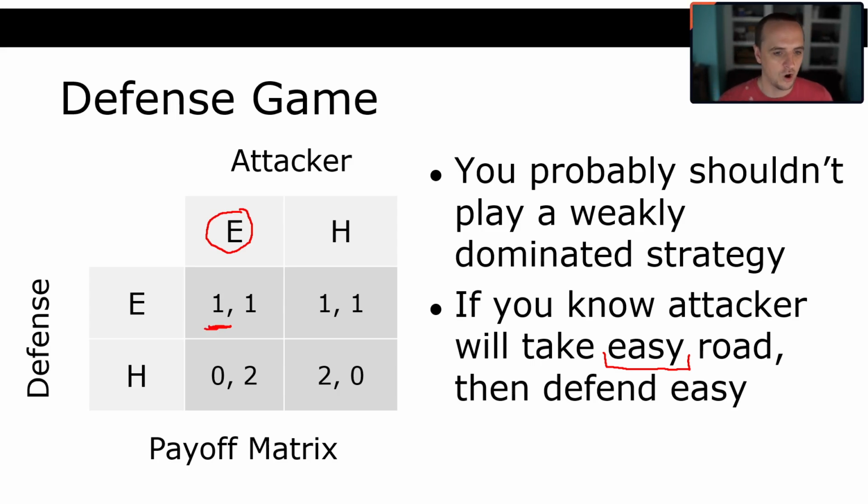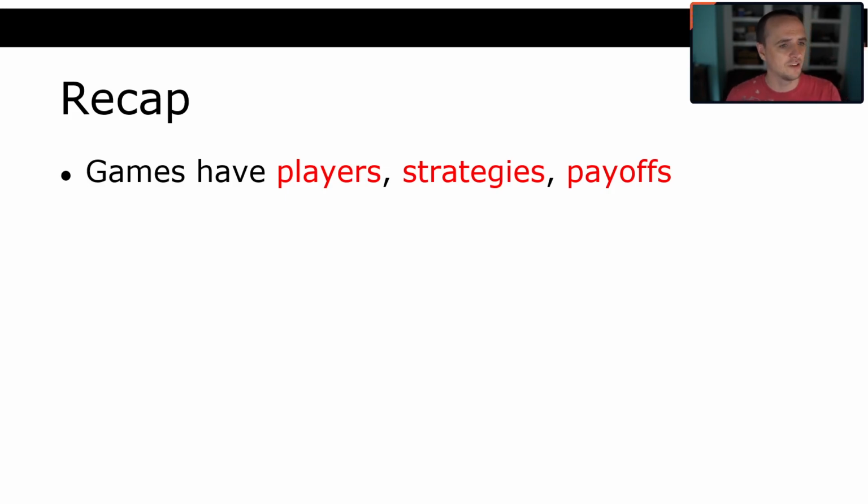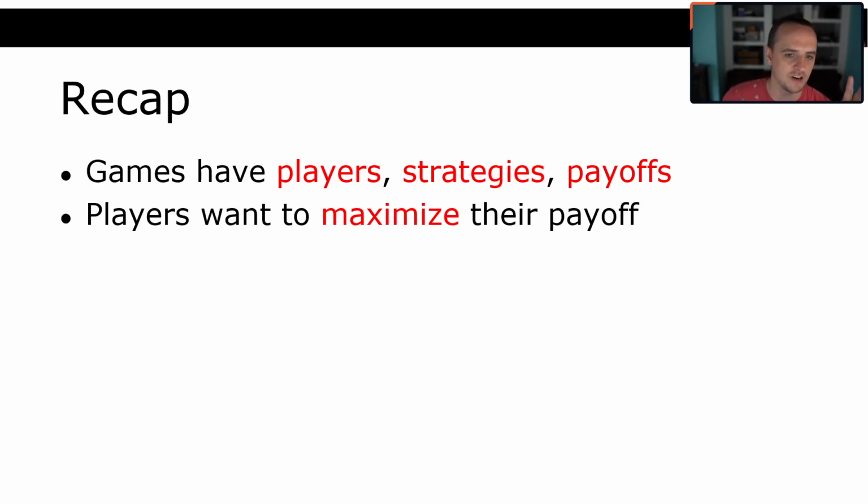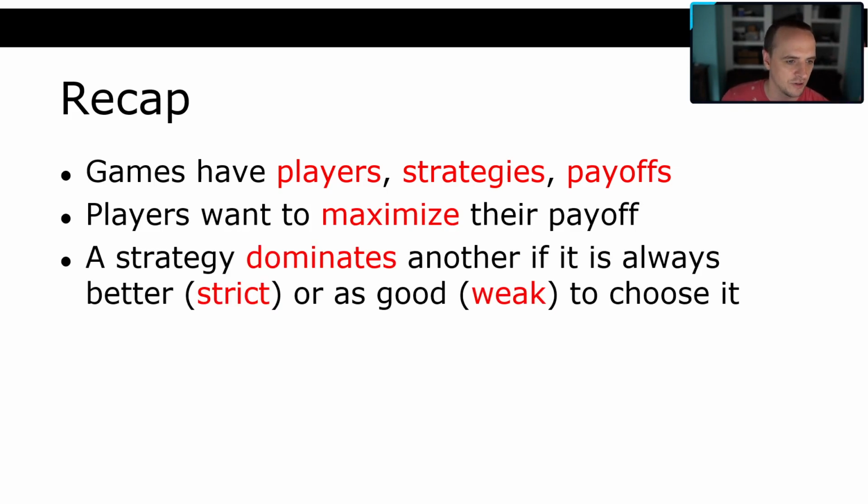Okay? So hopefully that is enough to convince you that game theory is a good way of making that decision once you have payoff matrices. So just as a recap for today's class, okay? Games have players, strategies, and payoffs. Players want to maximize their payoff or maximize their utility.